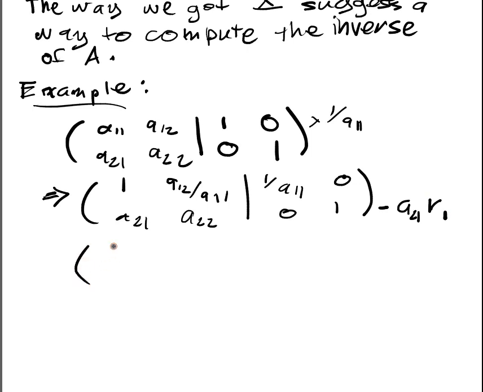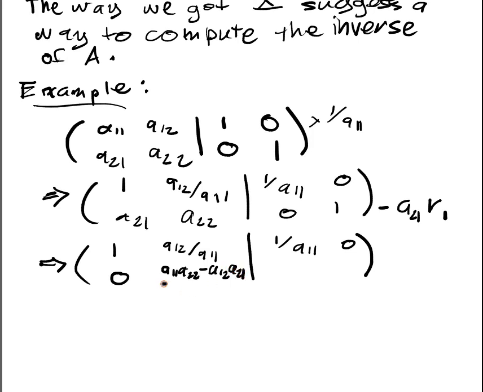So then we end up with 1, A12 over A11, 1 over A11, 0, and 0 here. Over here, if we compute it out, we get (A11 A22 minus A12 A21) all over A11. We get minus A21 over A11 here, 1 there.